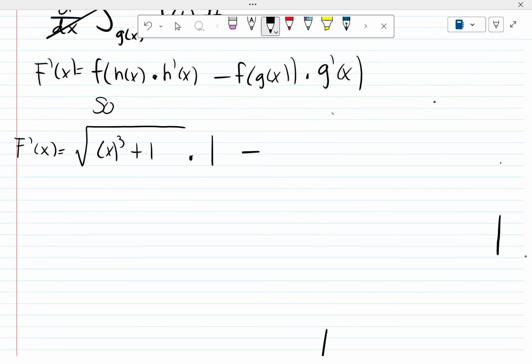Our g of x is 0, so it's going to be the square root of 0 cubed plus 1 times g prime of x. So our g is 0. The derivative of 0 is 0. So you put it all together.